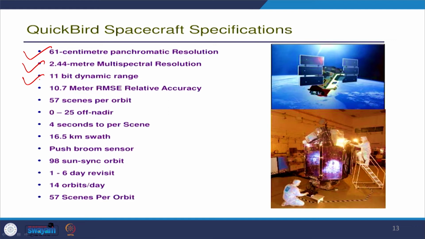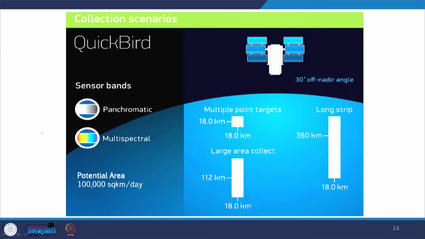There are some other capabilities similar to the previous one. The swath at nadir was 16.5 kilometers, and it was making 14 orbits per day. So this was similar to the earlier satellite, but with a better resolution capability.